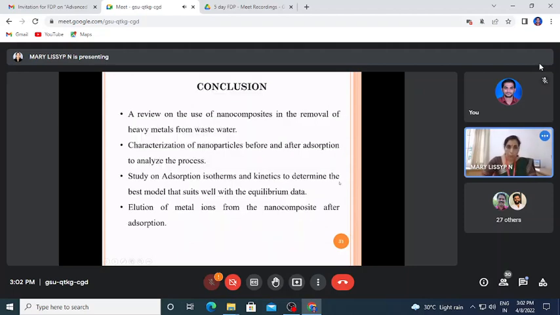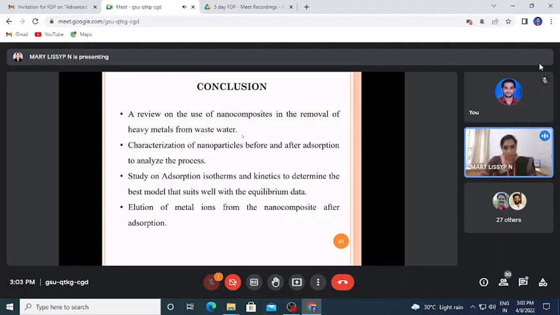Coming to the conclusion. In this presentation, I've included the use of nanocomposites in the removal of heavy metals from wastewater. I've explained the characterization of nanoparticles before and after adsorption, and also how to interpret the results from the graphical or pictorial representation.